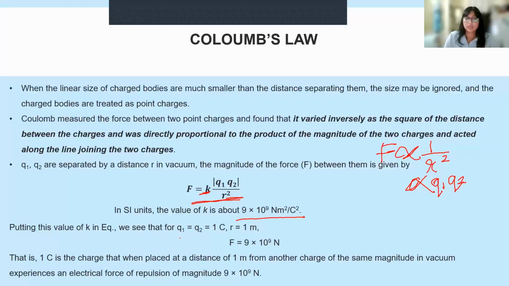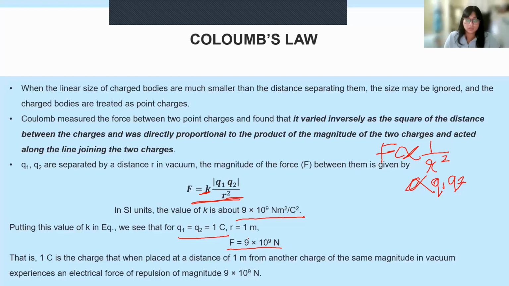If we have equal and same charges, suppose q1 and q2 are both positive charges of 1 coulomb, and the distance between them is 1 meter. Putting these values and the k value in Coulomb's law, we find that the force is equal to 9 into 10 raised to 9 newton. So this is the force acting upon two charges of 1 coulomb each, at a distance of 1 meter.